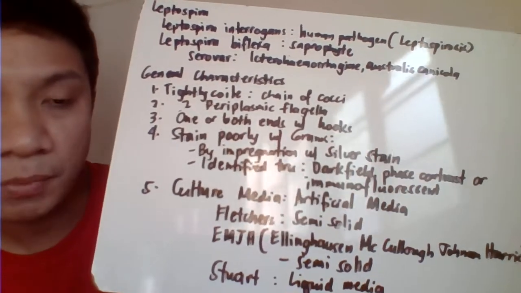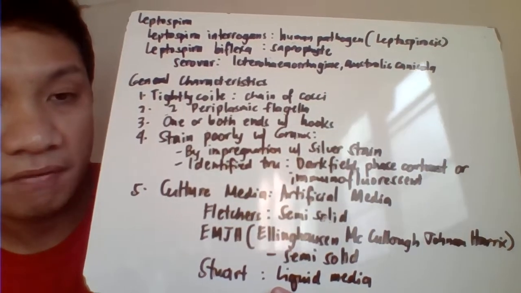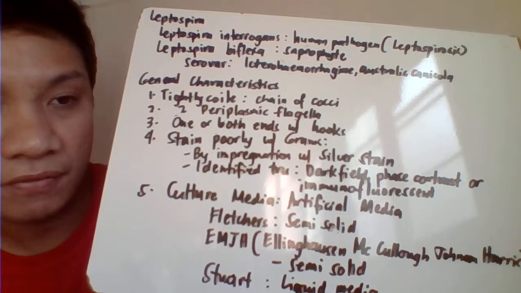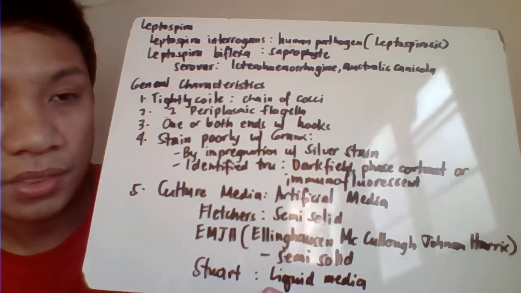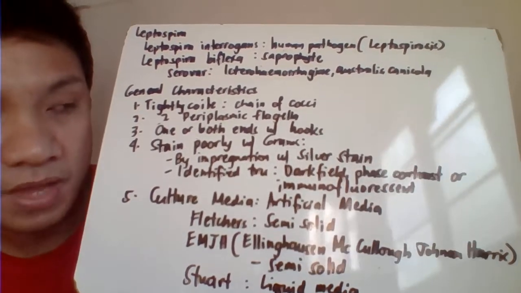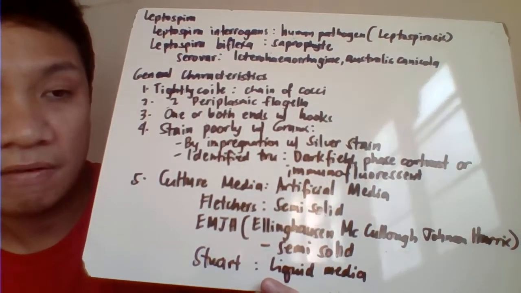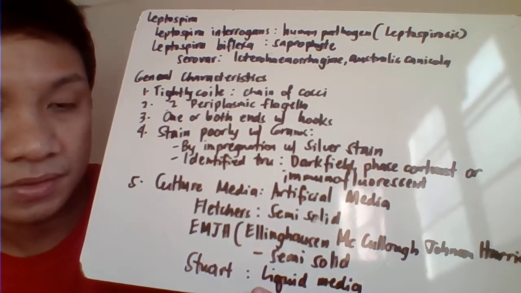They stain poorly with our gram stain, and the best way to stain them for identification would be silver impregnation with a silver stain, and identify that one through dark field microscopy or phase contrast microscopy or even fluorescent microscopy, but not bright field microscopy.